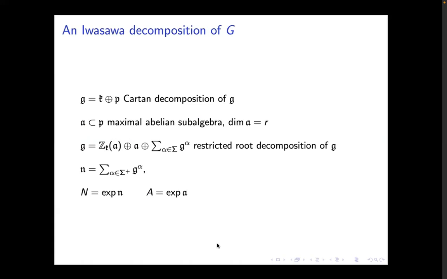We take n, the sum of the positive root spaces. And so N is the group generated by the algebra n, and A is also the exponential of a. K is maximal compact in G.